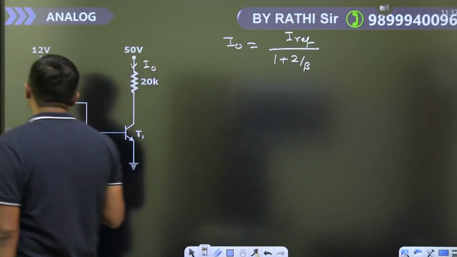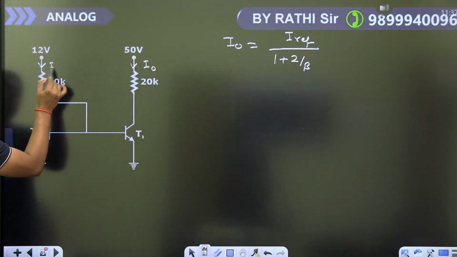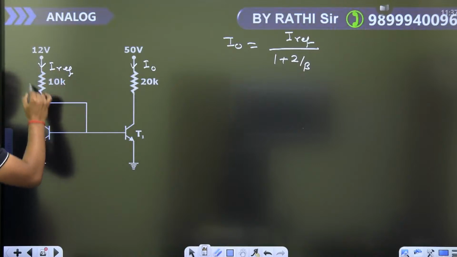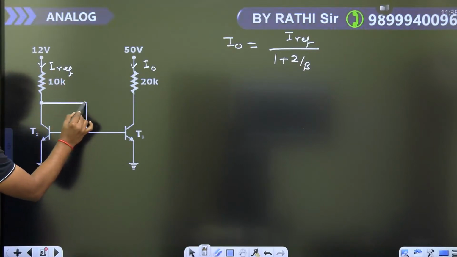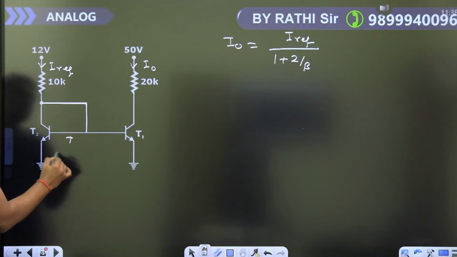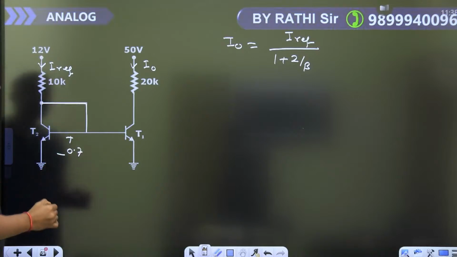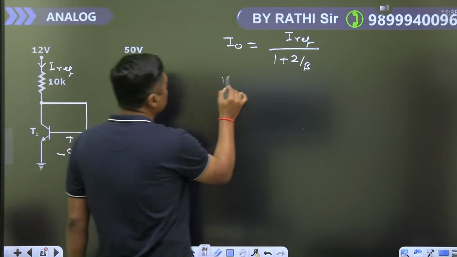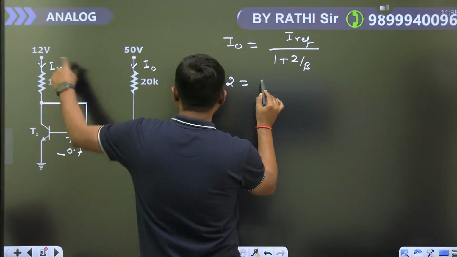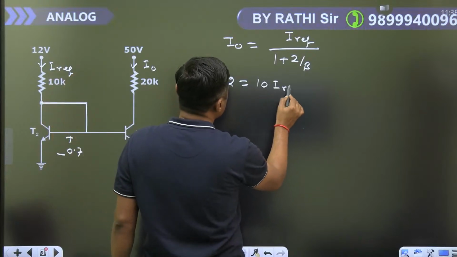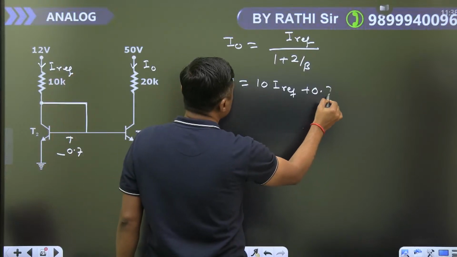Now just to find the I reference, write down the KVL from this point to this point. It will become 12 is equal to 10 times of I reference plus 0.7.